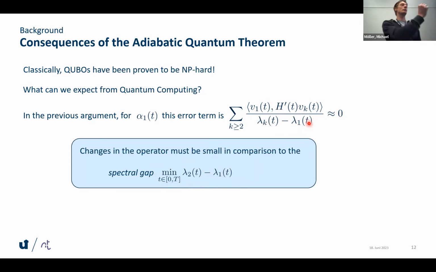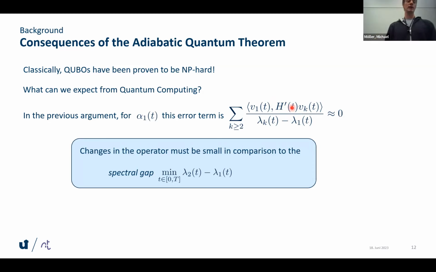If this grows exponentially, we have to compensate for this by making the transition, this temporal derivative of h, smaller, ultimately meaning we will need exponentially increasing time to do our change of the system and measuring the solution to the optimization problem.